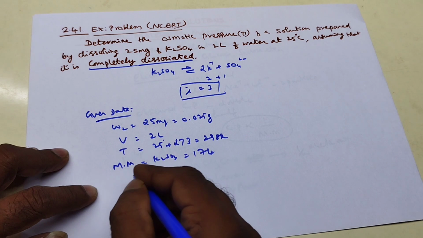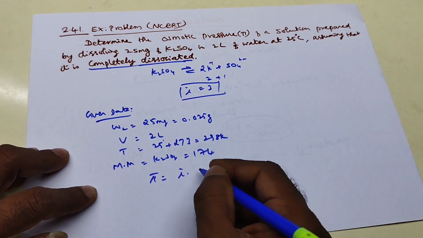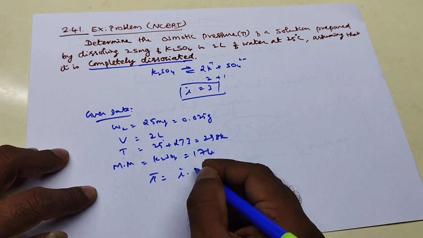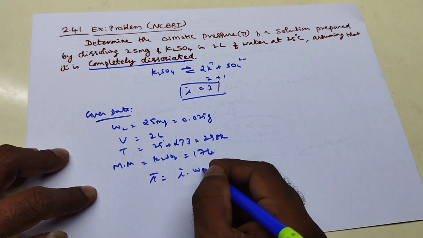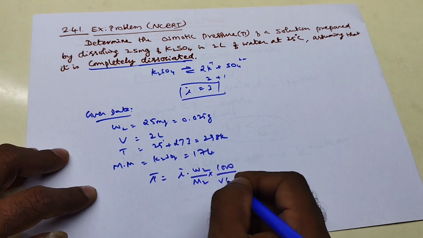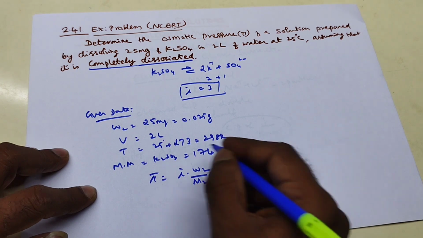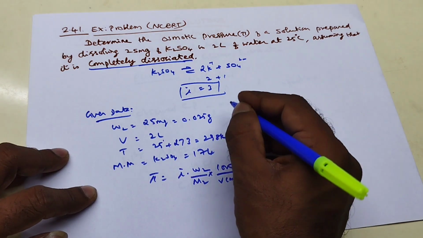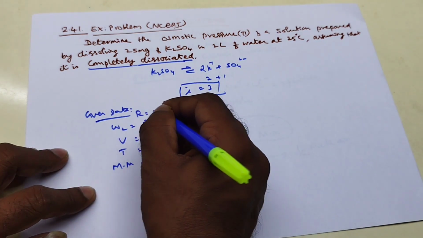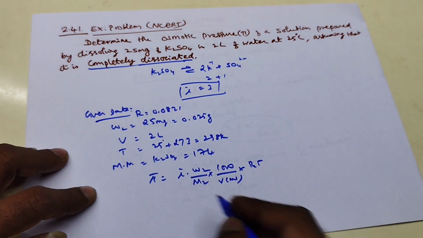Then you have to substitute in the formula. Pi is equal to i into C into R into T. The concentration is W2 by M2 into 1000 divided by V in ml, into RT. R is a constant value, 0.0821.